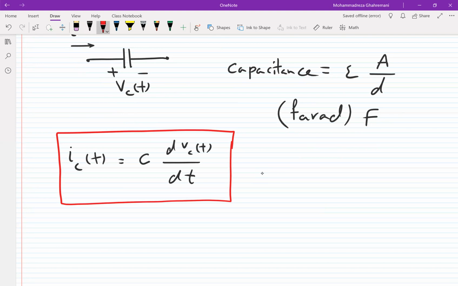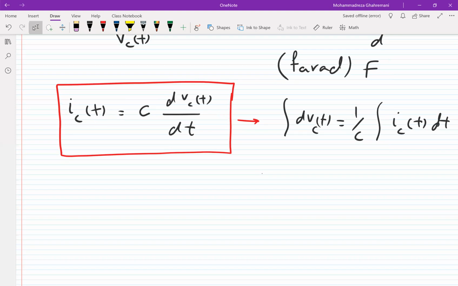If we integrate both sides of this equation, we will have the integral of dv_C(t) is equal to 1 over C times the integral of i_C(t) dt.